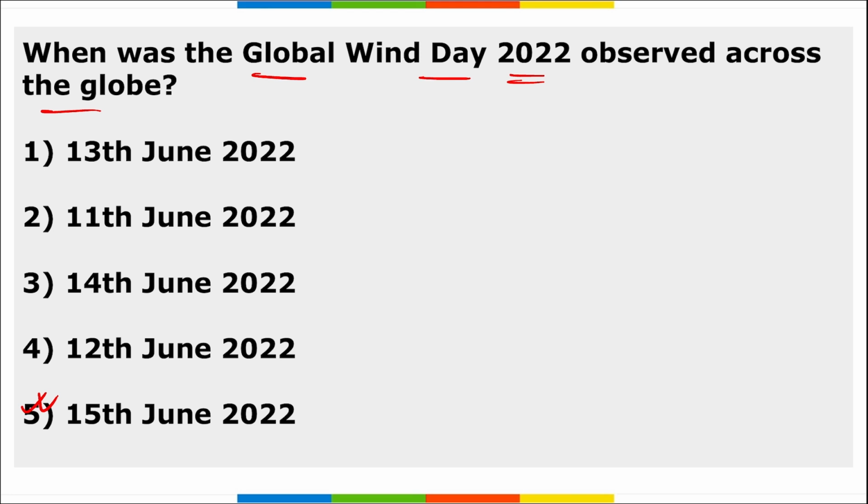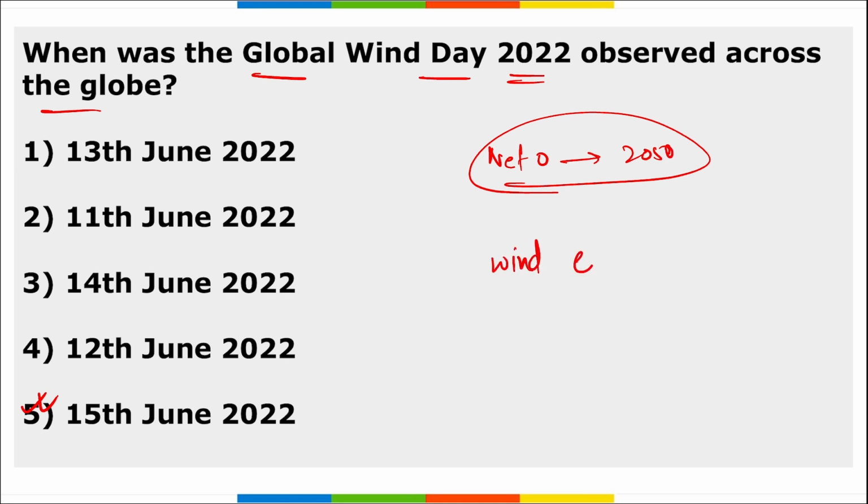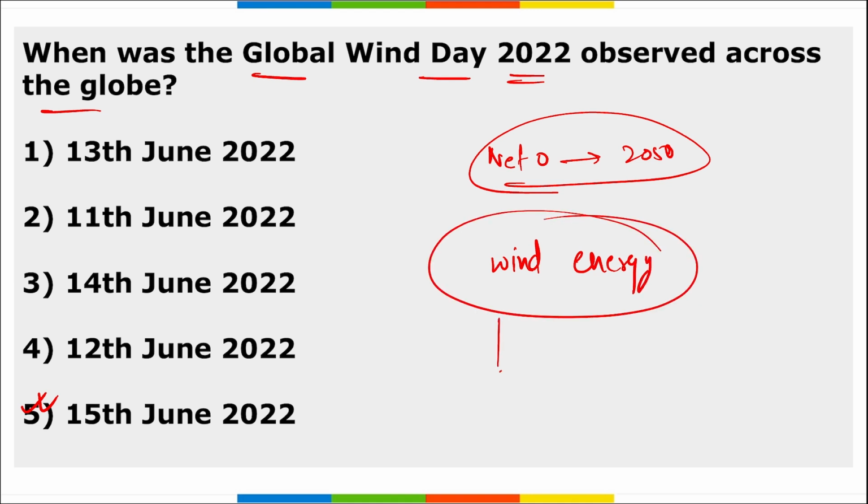Also remember there was a recent report that stated that if we want to achieve the net zero target of 2050, that is to reduce carbon from the atmosphere and to make it carbon neutral by 2050, we need to quadruple wind energy investment, that is 4 times the amount we are investing at this current time in order to meet the aim of net zero carbon by 2050. So the correct option for Global Wind Day is 15th June 2022.